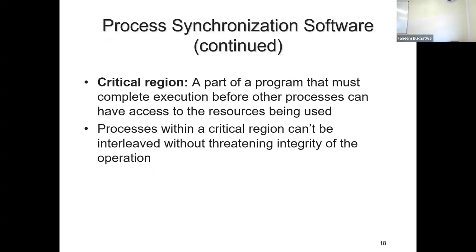So we have another problem. Apart from deadlock, we have another problem we call critical regions. If you have multiprocessing in a system, we can have deadlocks as one major problem. We can have race problems, and we know how to solve race problems with a lock. We can have deadlocks.